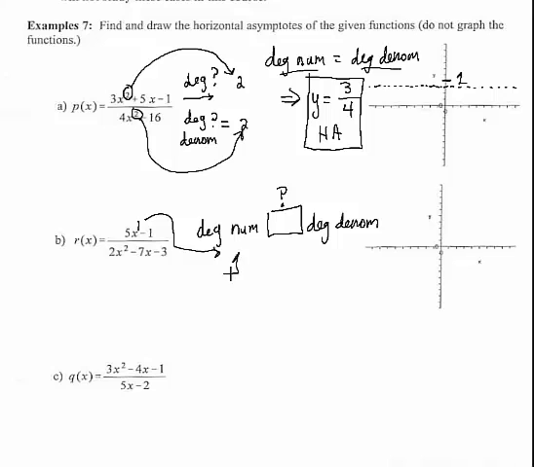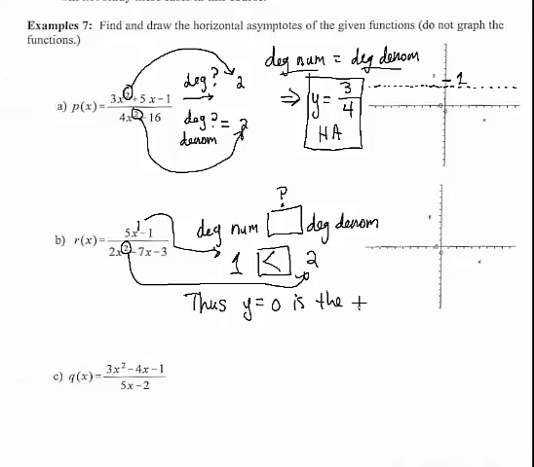That will go right here in the box. And here is the degree of the denominator, and that will go there. How do they compare? Well, the numerator is less than the denominator, which implies that y equals 0 is the horizontal asymptote.